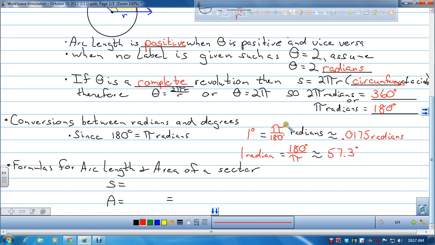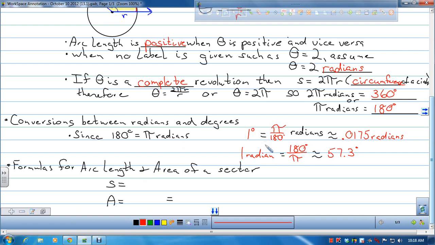And you'll be left with radians up here. Vice versa down here, we have 180 degrees over pi radians. The radians would simplify and you would be left with degrees. Okay? So those will be our conversions.